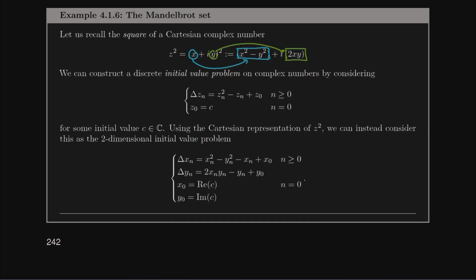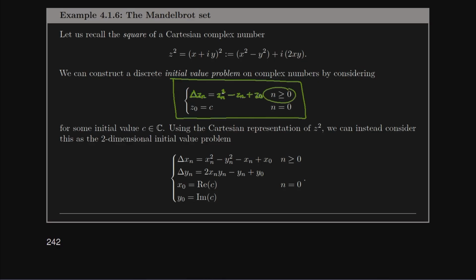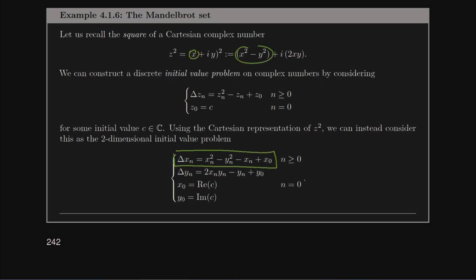But in particular, the dynamics that we're going to look at is an initial value problem. The change in a specific sequence, so the finite difference of my sequence, will be the sequence squared minus its current value plus the initial condition. That's going to be true for all future times, and then my initial position will just be some original complex number. And if I want to, I can write this completely in terms of two-dimensional dynamics. If I think about it in terms of an x and a y as an initial value problem, then the change in x is going to be, because I know how to square x plus iy, x squared minus y squared.